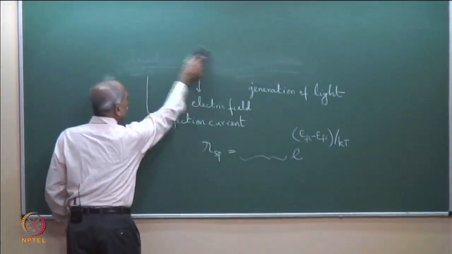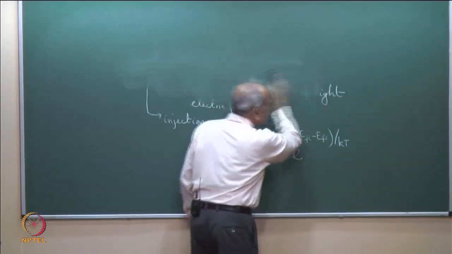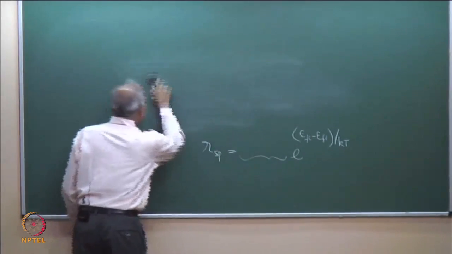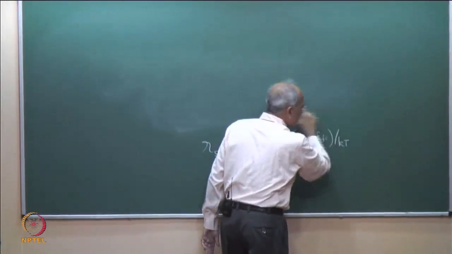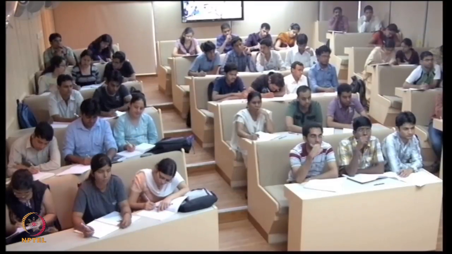Let us recall some things, because we are now discussing generation of light, and light generation comes from the recombination of electrons and holes in a semiconductor. So, let us first start with a brief discussion on the rate of generation and recombination of carriers in a semiconductor.